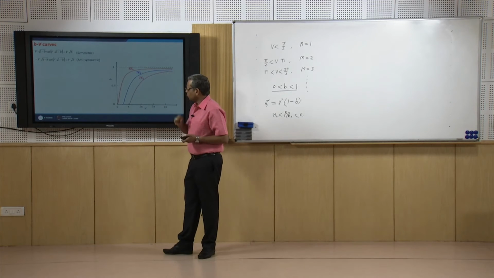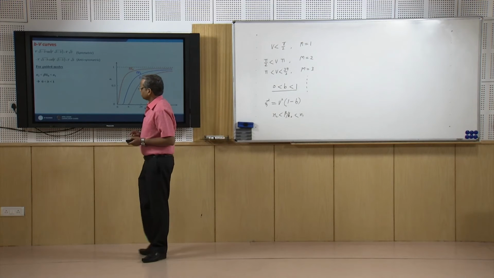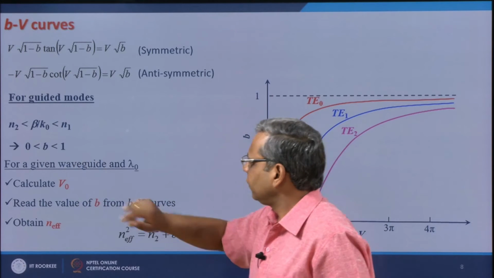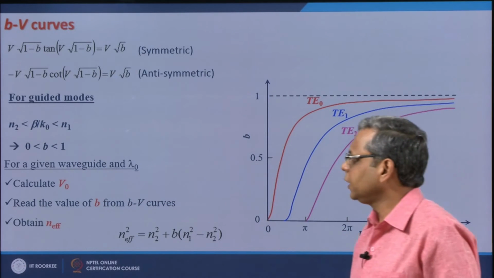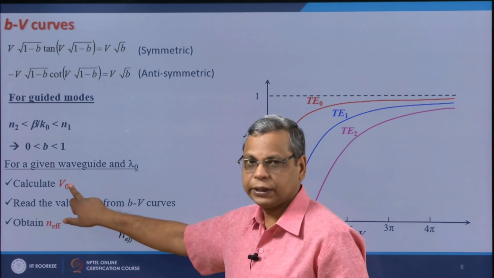Now, what can I do using these curves? If there is a given waveguide and wavelength, then I simply calculate the value of V. This should be V, and there should not be any 0 here.